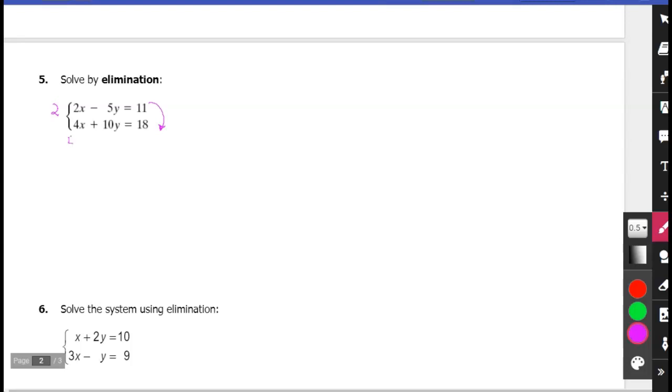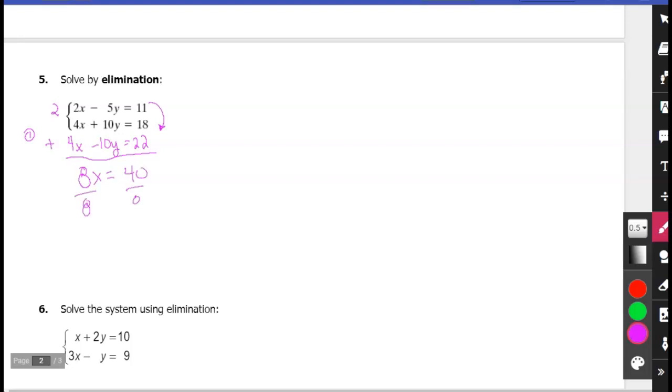And I get 2 times 2x is 4x minus 10y equals 22. So now I have these 10s that are opposite, 10y and negative 10y. So now when I add them together on my first step here, I get 8x equals 40.